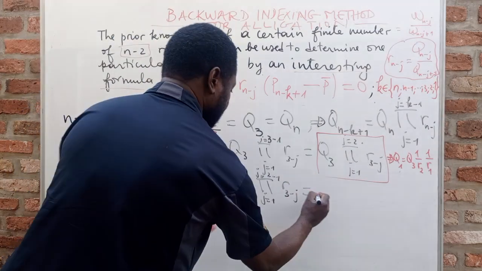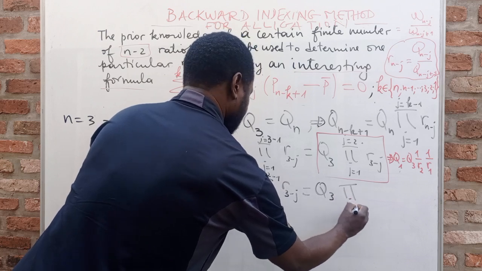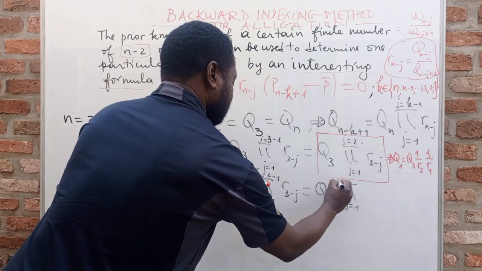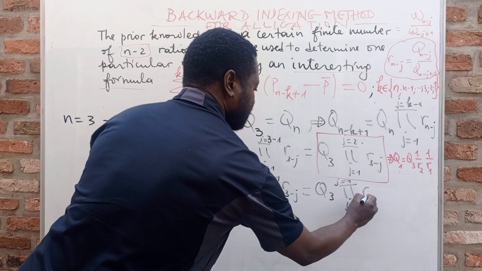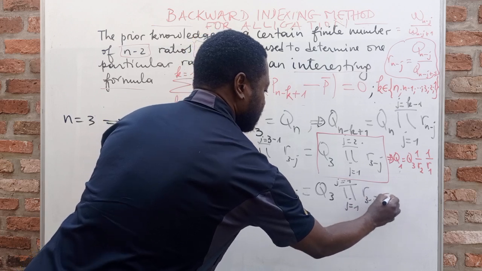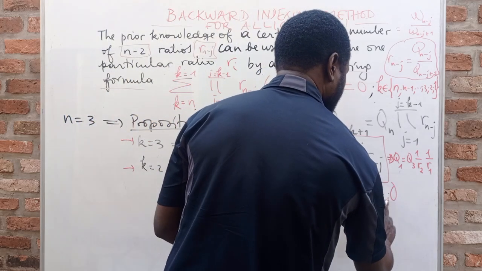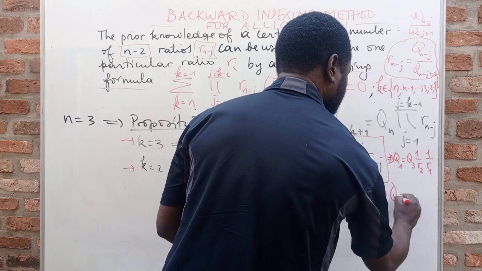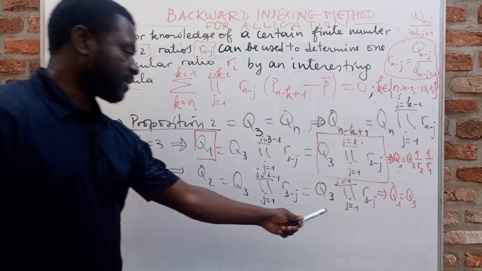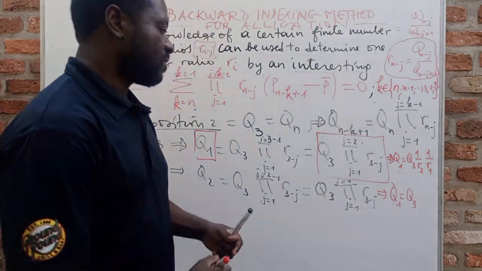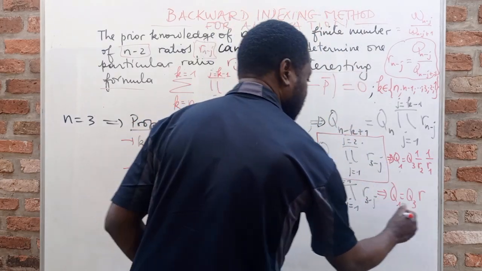So it is q sub 3 times the product from j equal to 1 until j equal to 2 minus 1, which is 1. So we will have r sub 3 minus j. As we extend from 1 to 1, it is only r sub 3 minus 2, which is r sub 1.